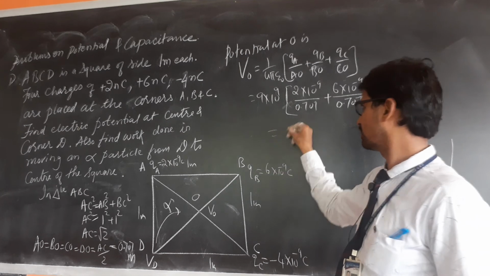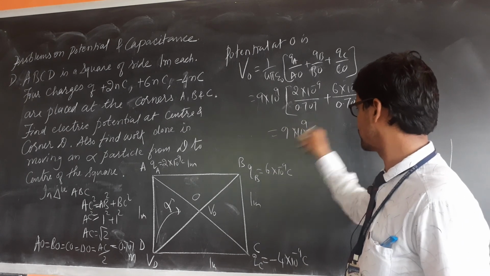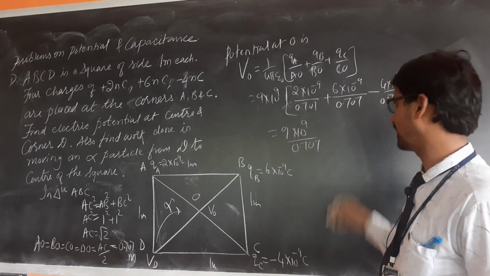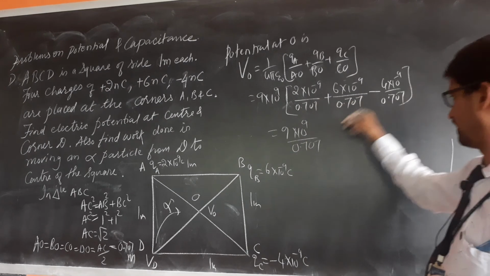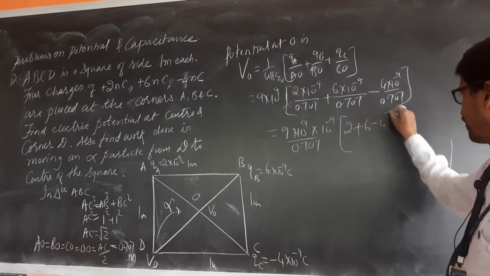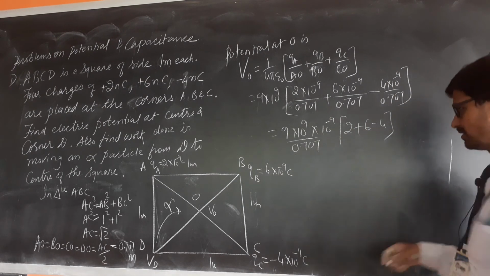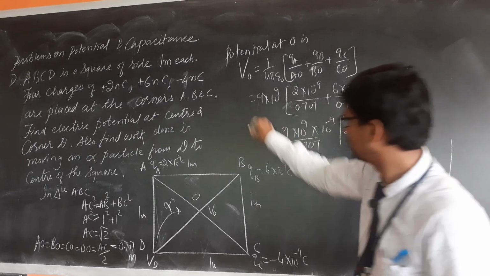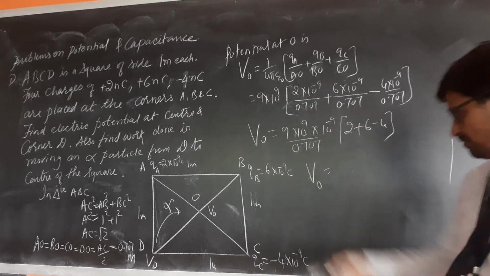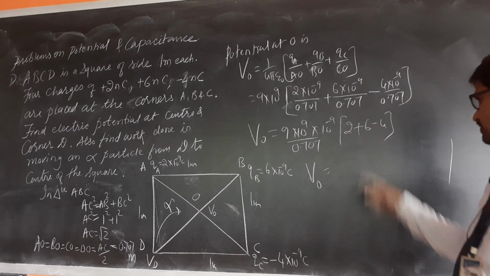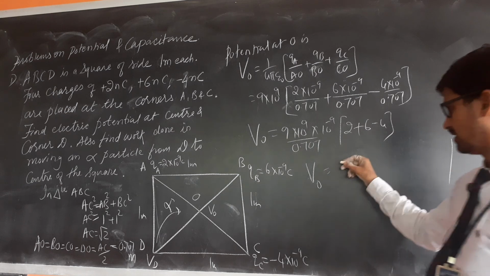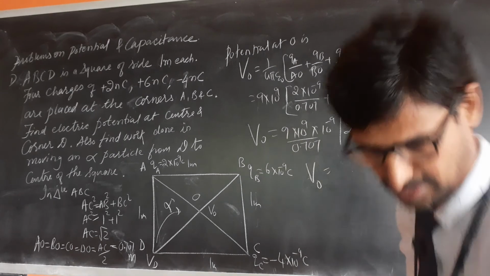What is common throughout? 9 into 10 raised to 9, as it is. The 0.707 and the 10 raised to minus 9 are common too, so you take them out. What will remain here is 2 plus 6 minus 4. Now this is written as VO, the potential at center O: 2 plus 6 is 8, 8 minus 4 is 4, 4 nines are 36, so 36 upon 0.707.